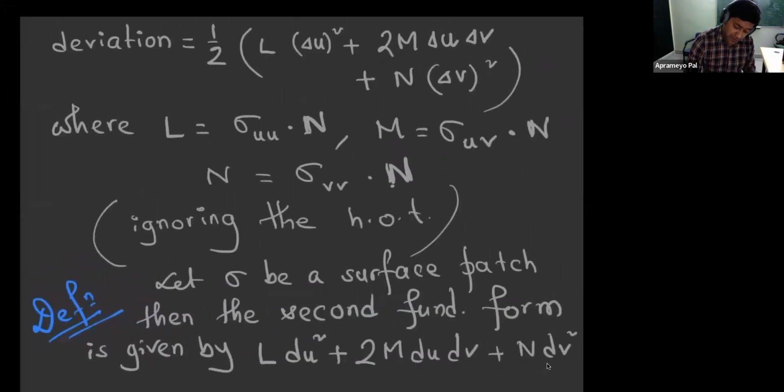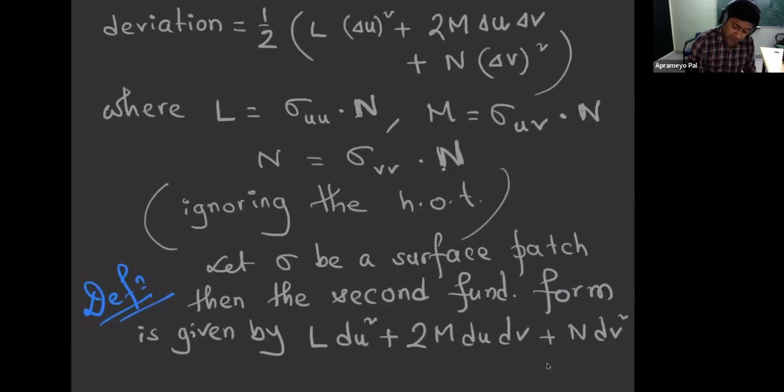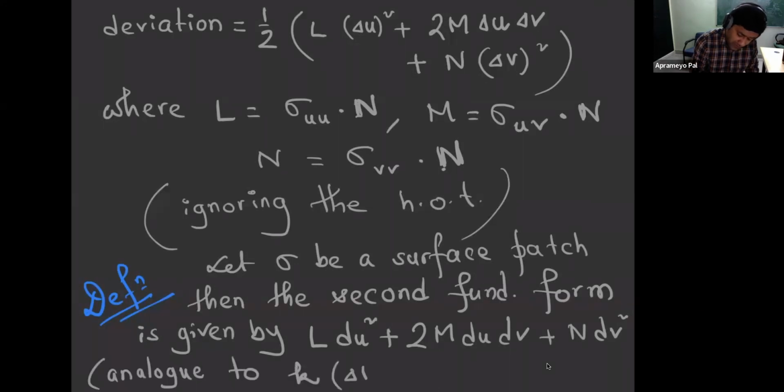So half this, times whatever is the deviation here. So let me remark this: it's analogous to the curvature times delta t square for a curve.